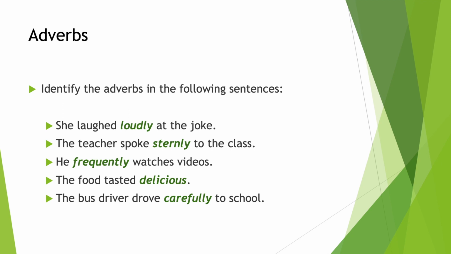Frequently tells us how often he watches them. So that's the adverb. The food tasted delicious. Delicious tells how the food tasted. So it's an adverb. And then in the last sentence, carefully is the adverb because it tells us how the bus driver drove. Okay, pretty easy, right?